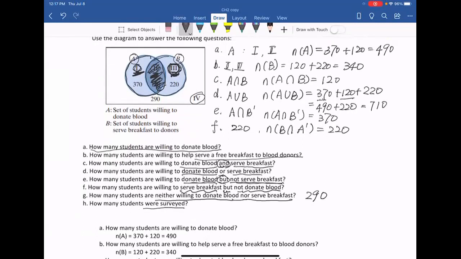Next part, how many students were surveyed? That means we are looking for the universal set. That means regions 1 plus 2 plus 3 plus 4.